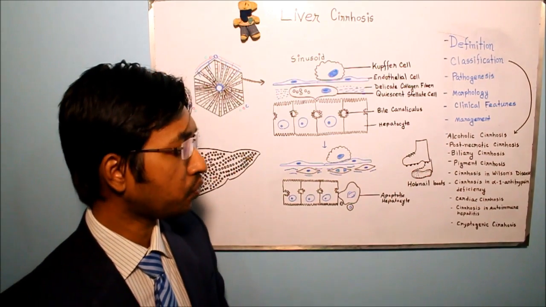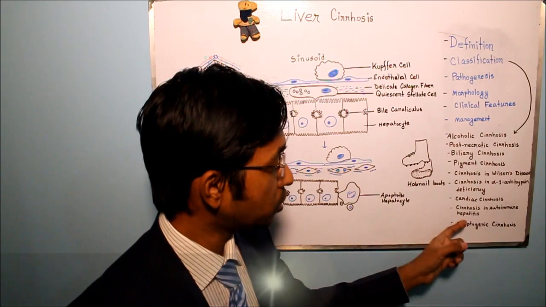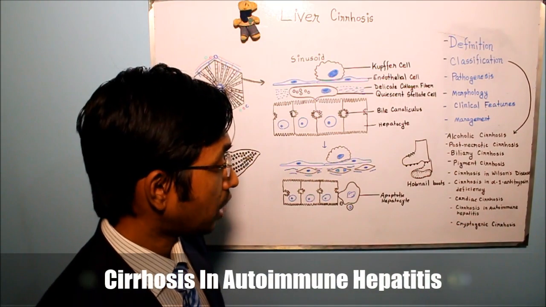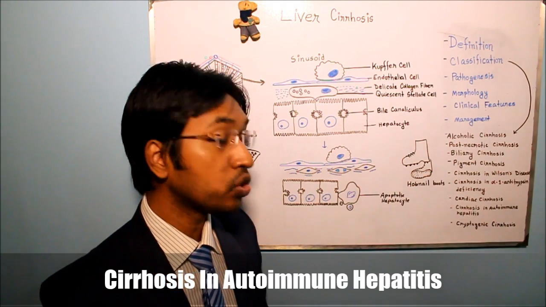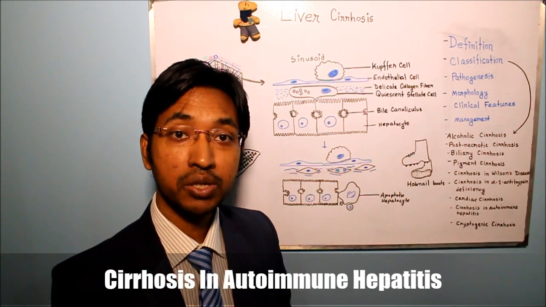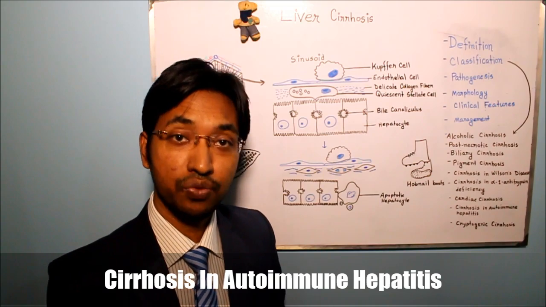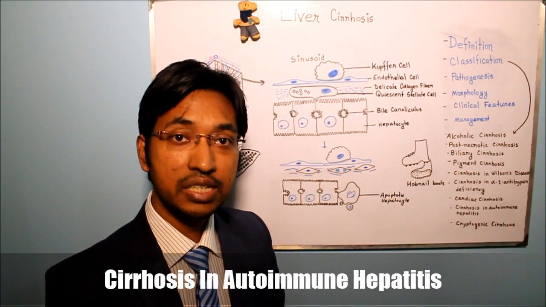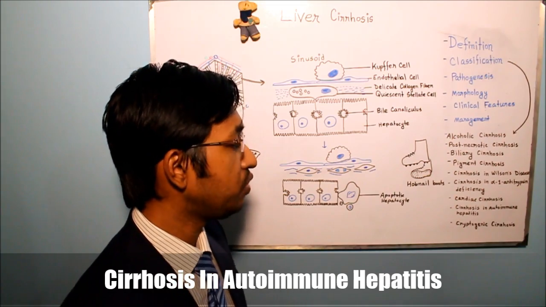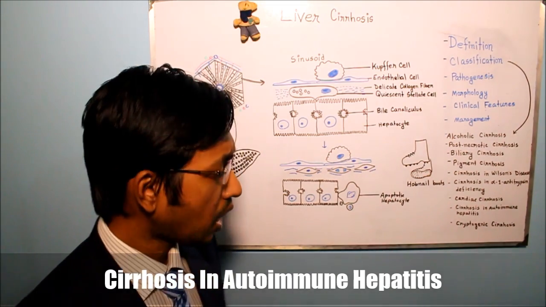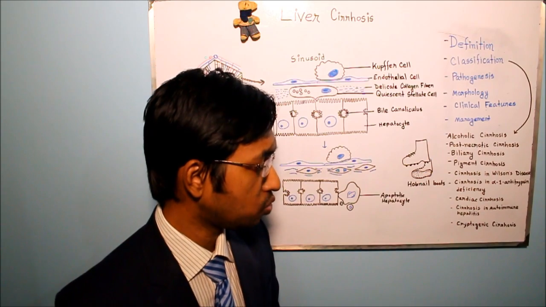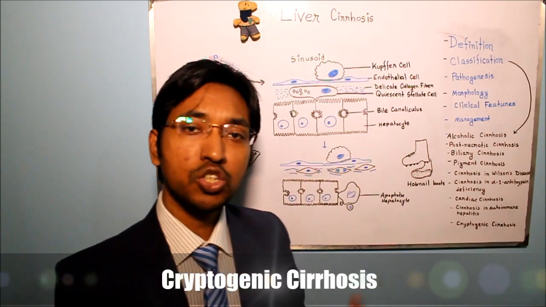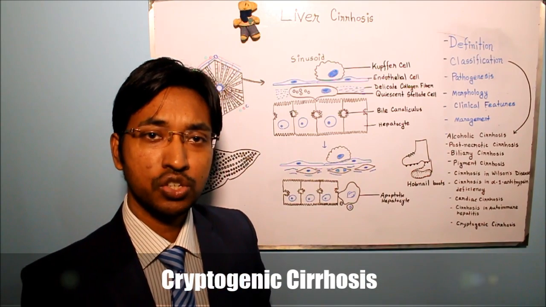The next type of liver cirrhosis is cirrhosis in autoimmune hepatitis. In this type of liver cirrhosis, we will see continuing hepatocyte necrosis, inflammation, and fibrosis that is ultimately leading to development of liver cirrhosis. The last type of liver cirrhosis that we will talk about is cryptogenic cirrhosis. Now, what do we mean by cryptogenic cirrhosis?